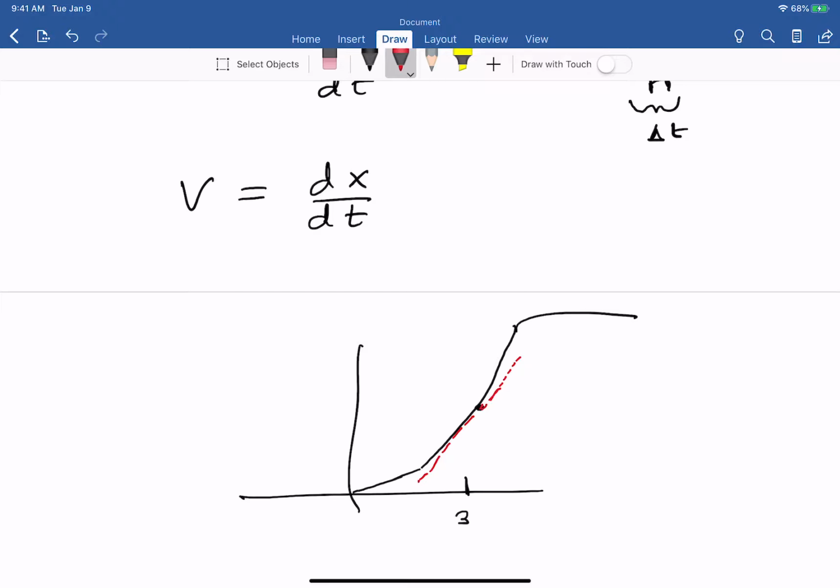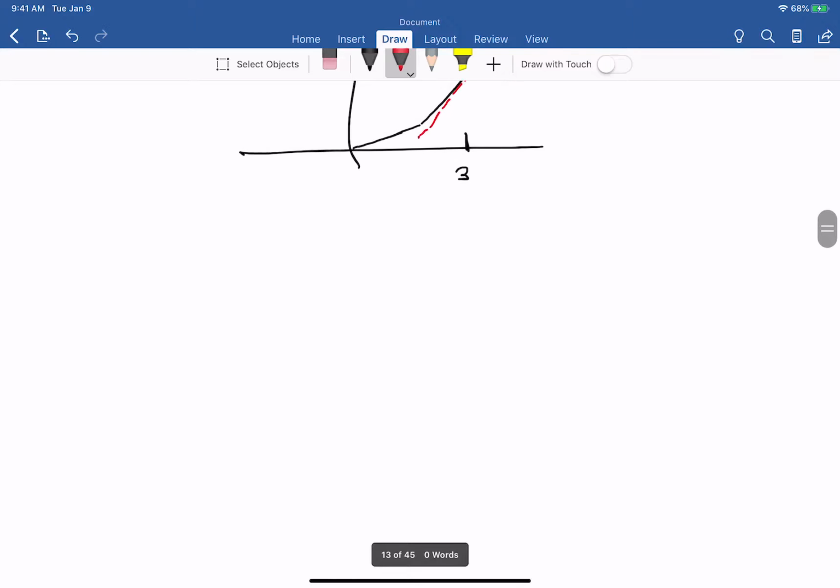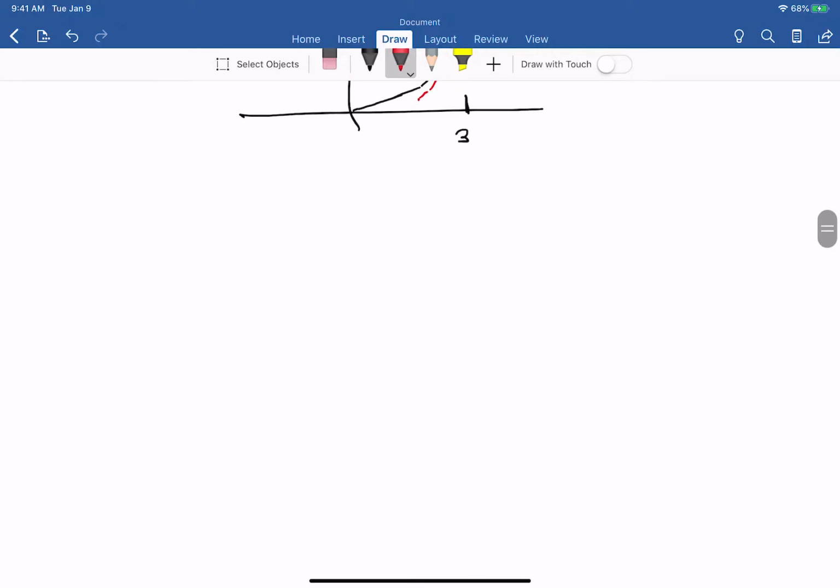It makes perfect sense. It's the slope of the tangent to the position time plot at that point. All right. So our key takeaway is that instantaneous velocity is given by dx dt. And by the way, instantaneous velocity is what we always mean when we use the word velocity. So when we say velocity, we usually mean instantaneous velocity.